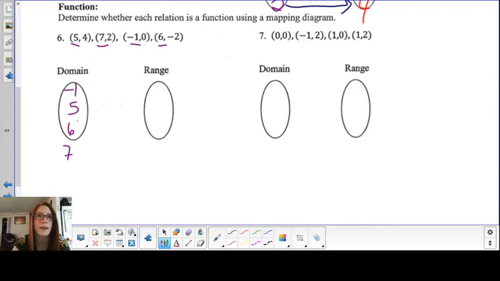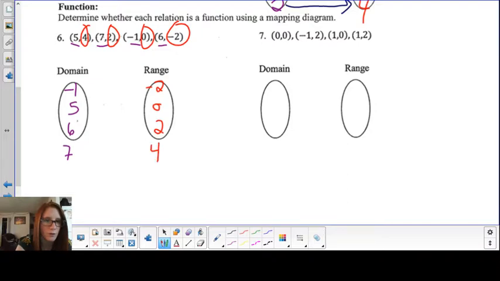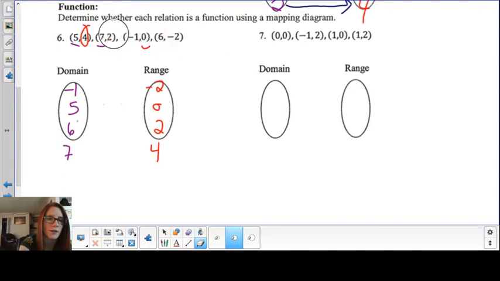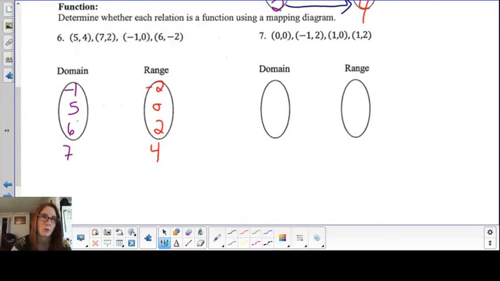And yes, I see I wrote a little bit past my thing, but that's so you can read it clearly. Okay, which one's my smallest? Oh, my -2. Then 0. Then 2. Then 4. And we're going to go ahead and draw our lines to show which x maps to which y.